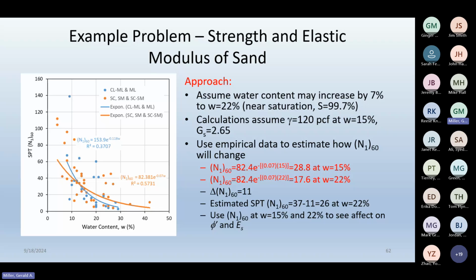So I just computed these values, and now to get my estimated SPT N160 based on my numbers, remember mine's 37, it's not 28, but I'm going to assume the difference is the same. It changed by 11. So my new N160 at 22% is going to be 26.